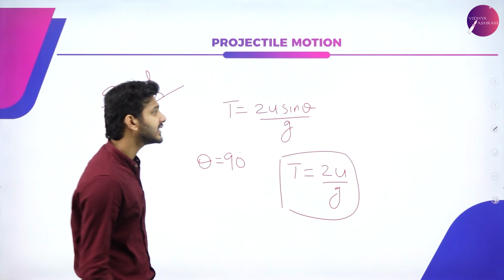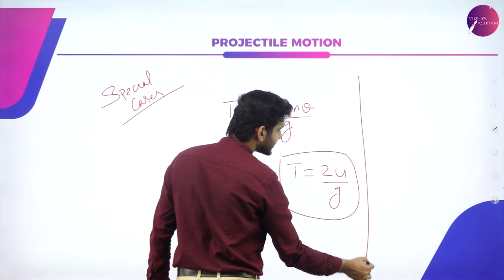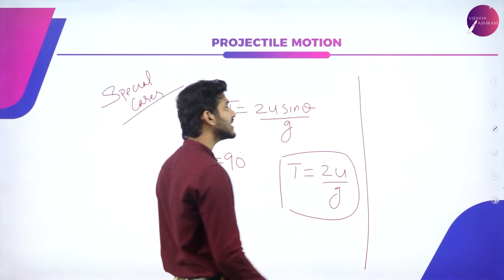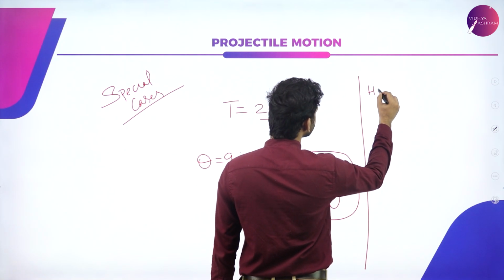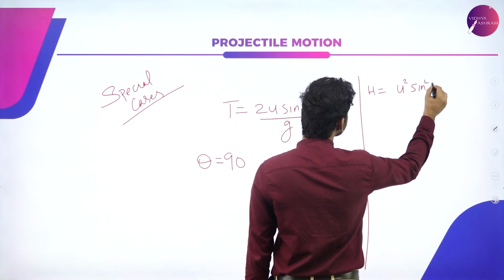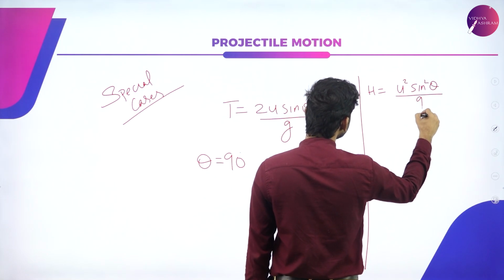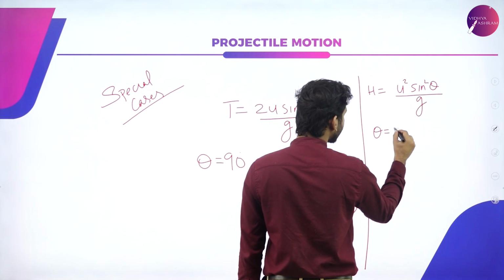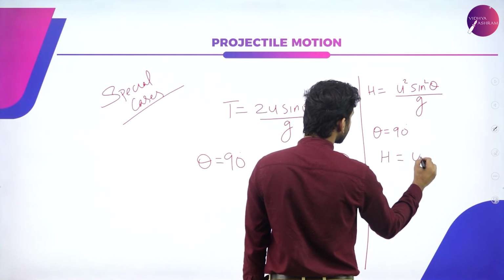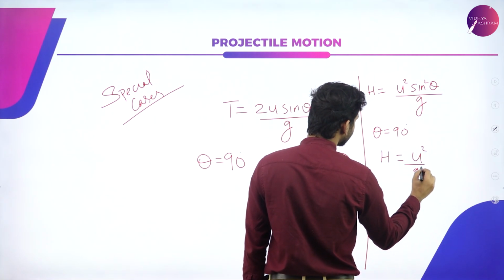Similarly, we can obtain equations for maximum height and horizontal range. For maximum height, the equation is h is equal to u square sine square theta divided by 2g. Again, theta is equal to 90 degrees, which means that h is equal to u square by 2g.